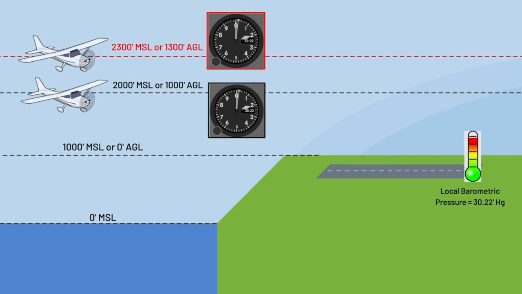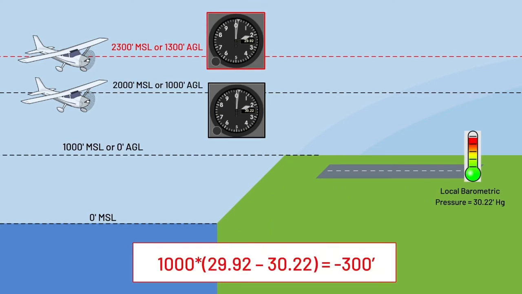This would mean that this pilot's altimeter is off by minus 300 feet MSL. This means that in order to display 2,000 feet indicated on their altimeter, the pilot would actually be at 2,300 feet MSL, or 300 feet higher, to get the same indicated altitude.